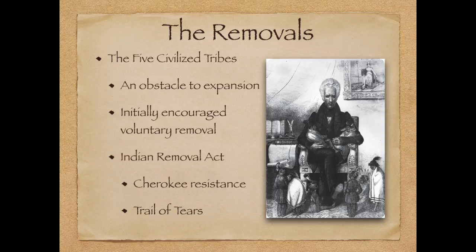Full-blooded tribesmen, the majority of them, even in the civilized tribes, clung very desperately to their traditional customs as well as the land that they lived on. And so this led to a conflict with the federal government, one that the tribes were ultimately doomed to lose.